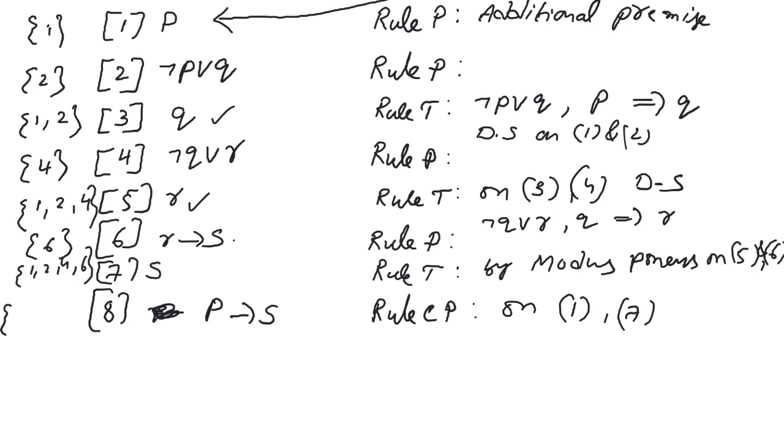To the left of bracket one it is 1, and to the left of bracket seven the set is 1, 2, 4, 6. That means the last step is the logical consequence of steps 1, 2, 4, 6.